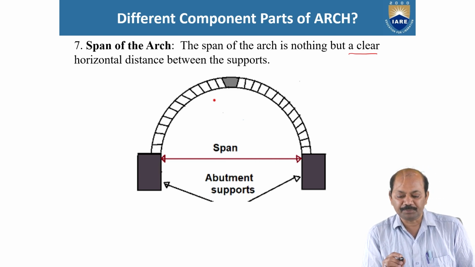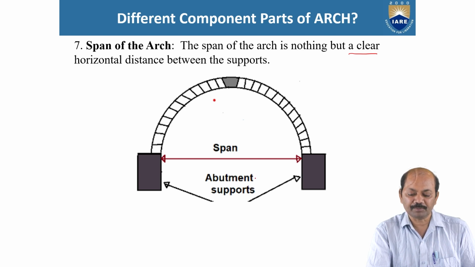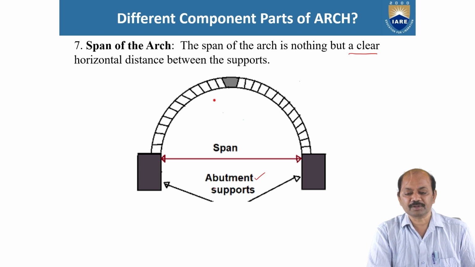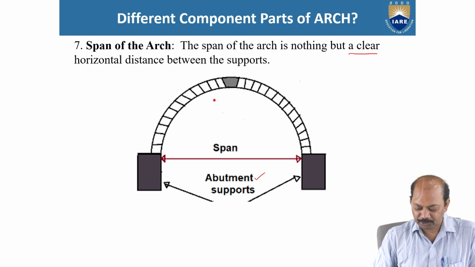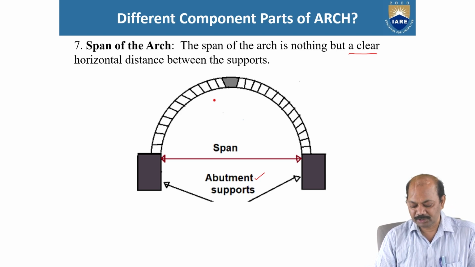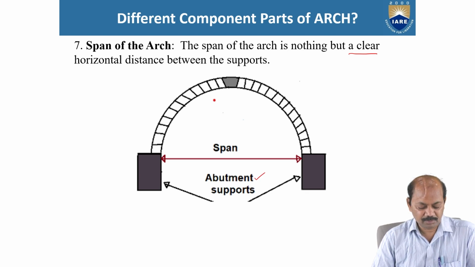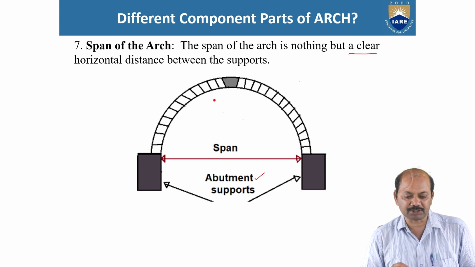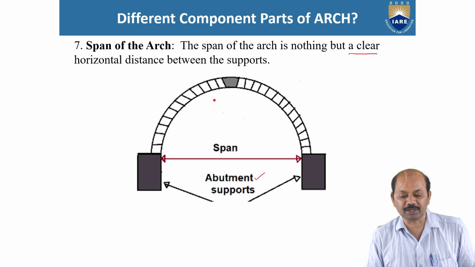Supports may be piers or abutments, right? This is the span of the arch. In total, 18 parts we have to remember. These are the fundamental points. One should know these terms and their meanings very clearly.